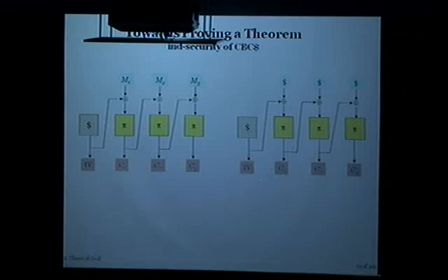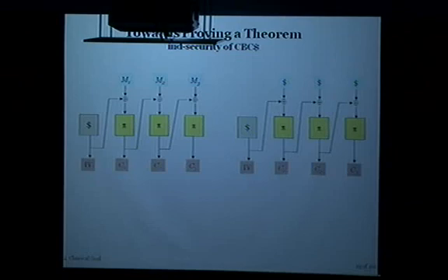Similarly, C2 will be uniformly random bits, even knowing C1 and IV, even knowing the message M1, M2 that the adversary had asked. Why? Because regardless of these values, we choose uniformly independent random bits over here, XOR them with something, get uniformly independent random bits over here, apply our fixed permutation pi, and therefore get uniformly independent random bits over here, independent of C1 and IV, independent of the message M1, M2.